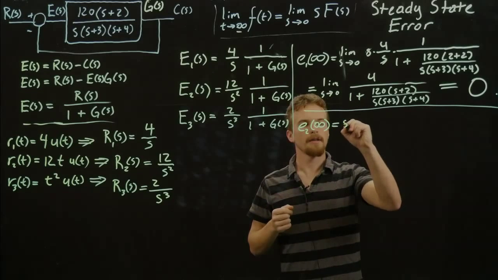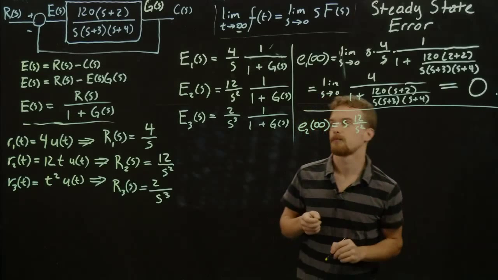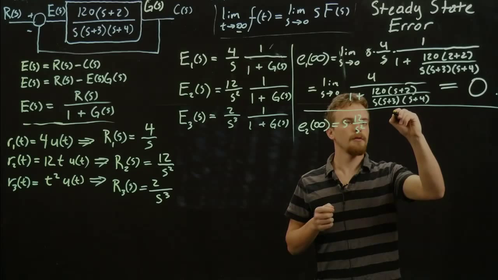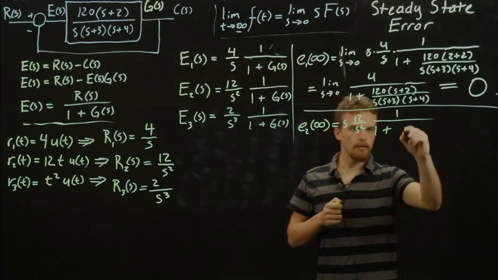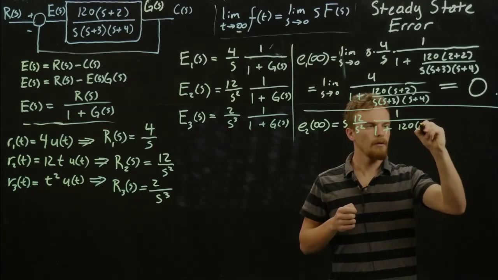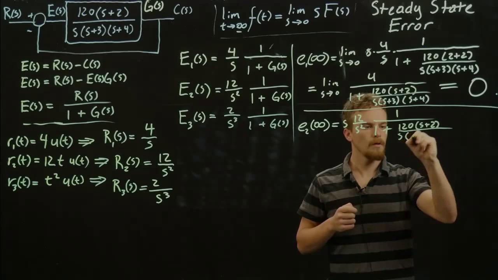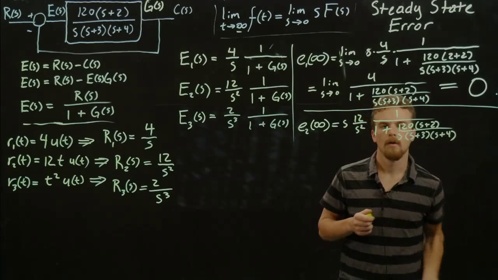So we'll have s times 12 over s squared times 1 over... that right?